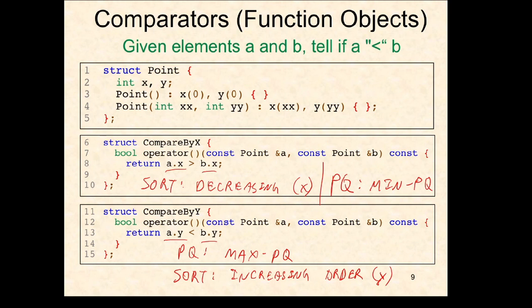So if I just have overloaded operator less than, I can't support 3 different operations easily. So when we have to support different operations, it makes sense to bring it out into a separate structure. It also depends on how other people are going to be using it and what they need to do with it.